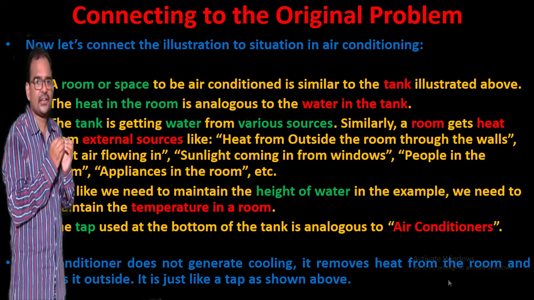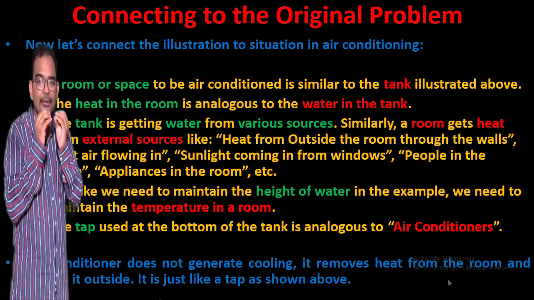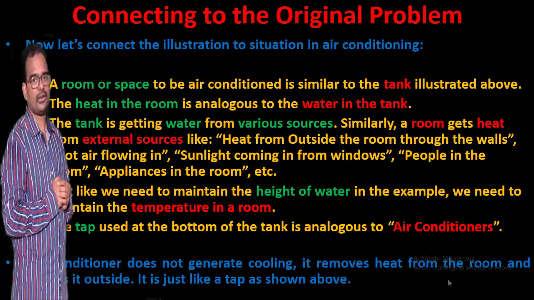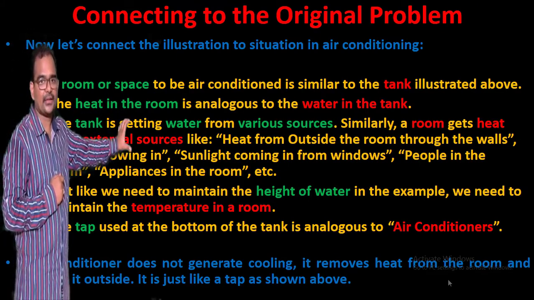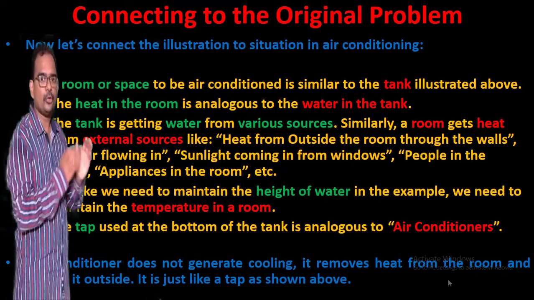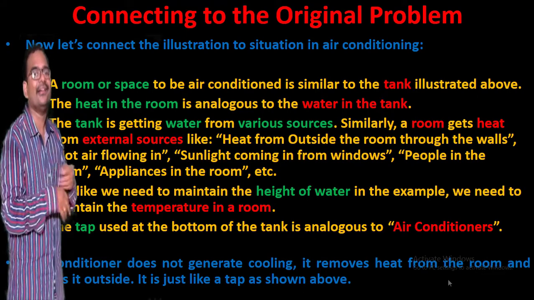Now, just like we need to maintain the height of the water in the analogy, we need to maintain the temperature in a room, right? How we controlled the height of the water inside the tank irrespective of the inflow, in the same way we need to control the temperature of the room irrespective of the heat generated inside it.